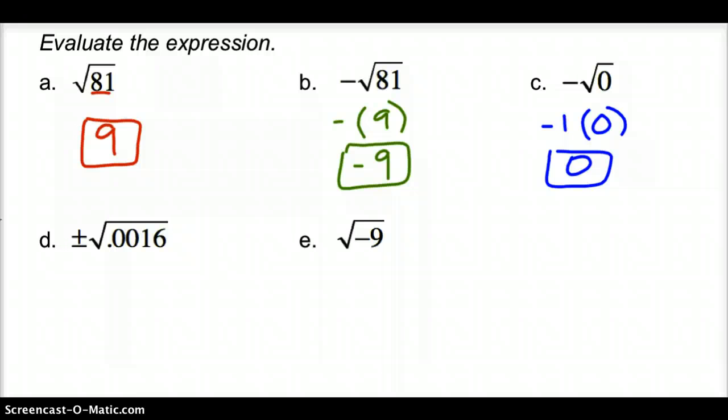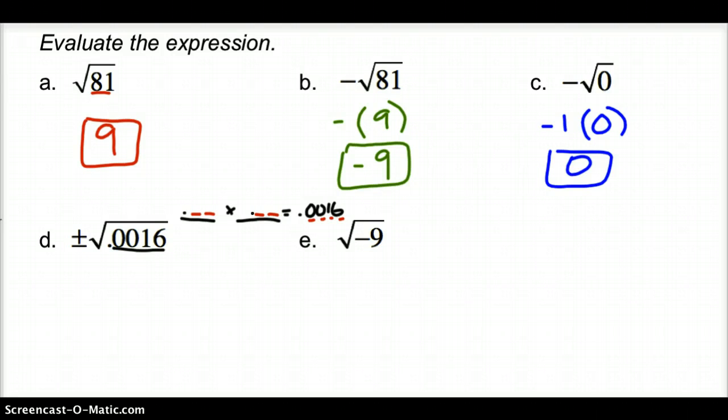It looks like in the answer there are 4 places to the right of the decimal. So what number multiplied by itself is going to give us 4 spots to the right of the decimal? Again, 1, 2, 3, 4. So I know there needs to be 2 spaces to the right of the decimal in each of these numbers here.